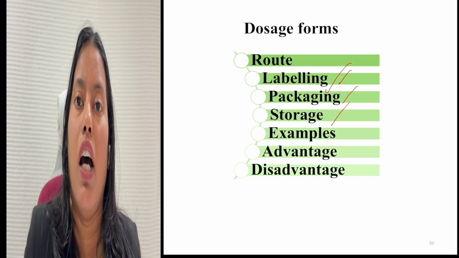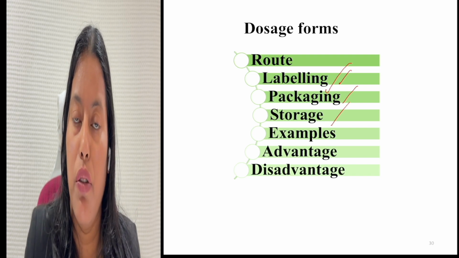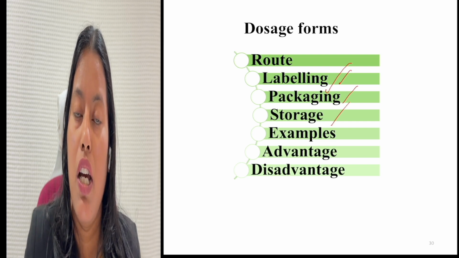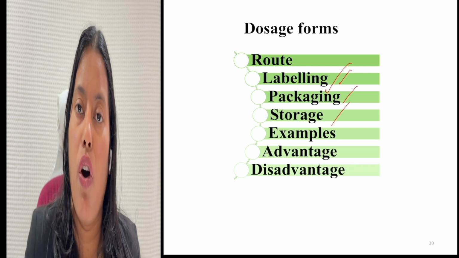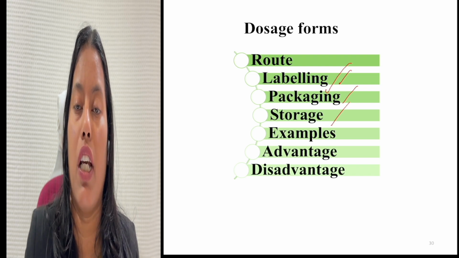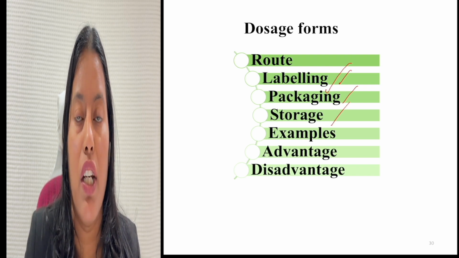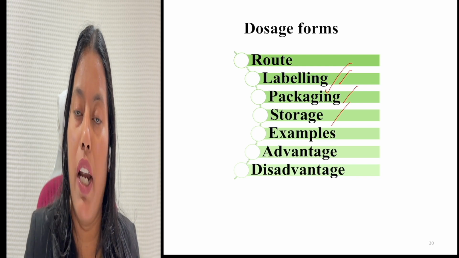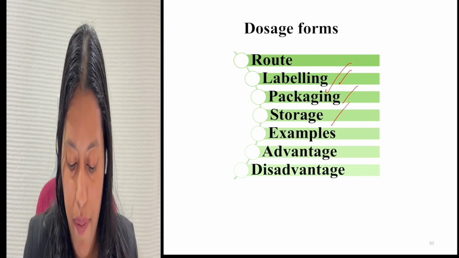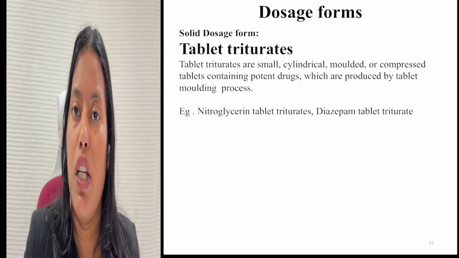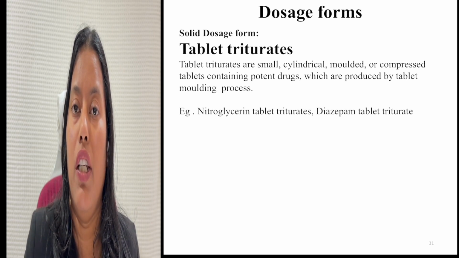If it is effervescent granules or effervescent tablets, whether to dissolve in a solution or water and then take. So based upon which formulation you have used and how to take that formulation, you have to write the labeling directions.